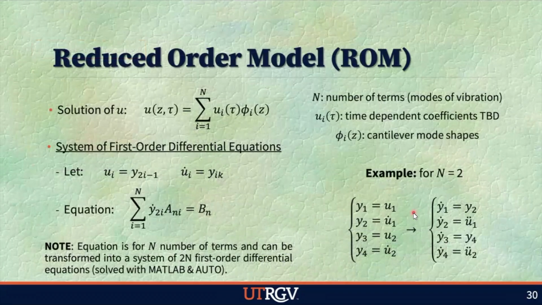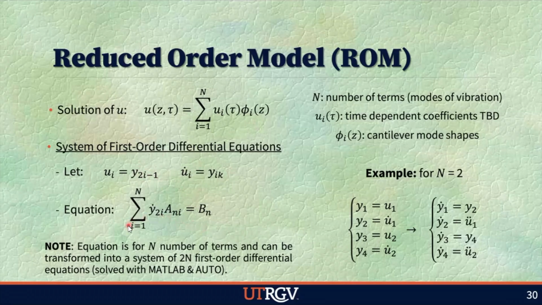For the reduced order model, the solution of U, which is the dimensionless deflection, is given by the following equation, where n is the number of terms considered, U of tau are time-dependent coefficients, and phi of z are the mode shapes of the cantilever. Using the notation shown here, the equation is condensed into this form, where a and I and bn are notations for the rest of the equation.